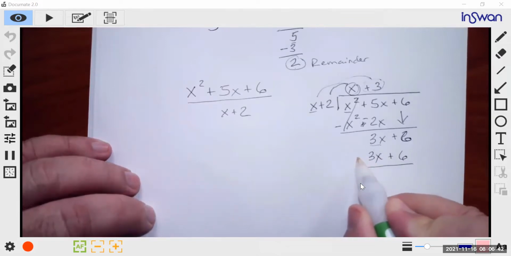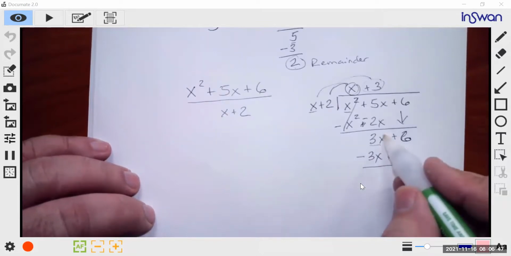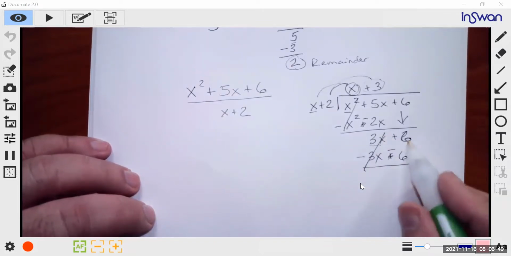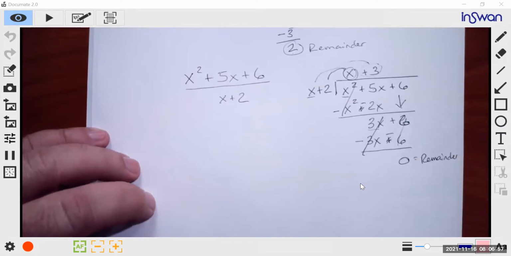Change the signs and add. The first term cancels, and so does the second one. So the remainder is 0.